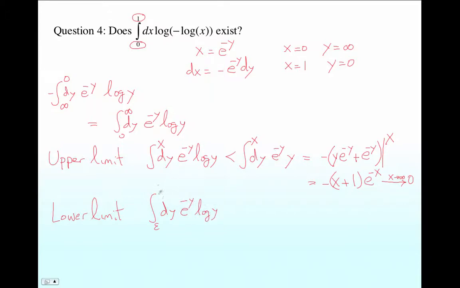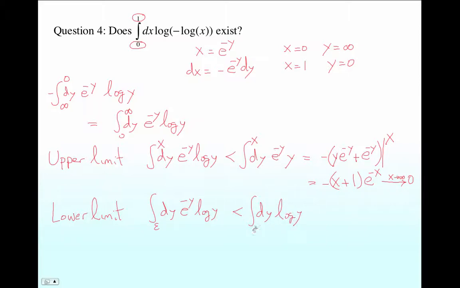We don't need to worry about the upper limit over here because that is certainly finite. And now e to the minus y we can replace with 1, because when y gets very, very small, remember that epsilon is going to 0 now. This is going to be like dy log of y.